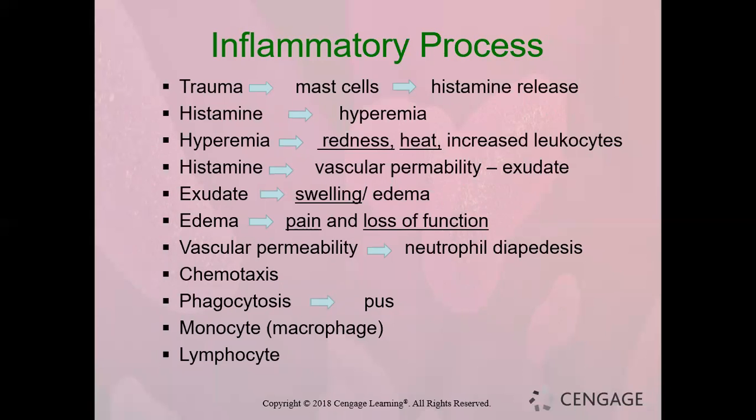Exudate is swelling, edema is swelling, pain, loss of function, and phagocytosis, that eating of dead debris or different debris, which creates pus, and macrophages come in there. And like I said again, you don't need to know all of this. This is just a basic overview of the inflammatory process. And most of those words you don't even need to know.